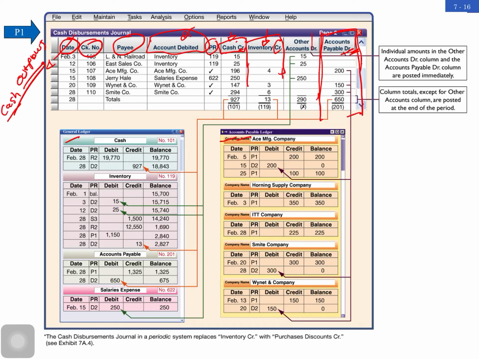The purchase journal is for purchases on credit, or credit purchases. And then we have the cash receipt journal. It is all about the receiving of cash, or cash inflows. And then the next one is the cash disbursement journal. It's all about cash outflows.